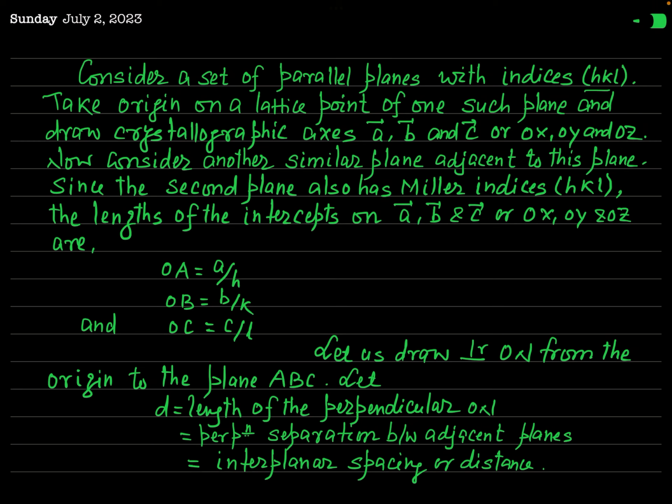Since the second plane also has Miller indices HKL, the lengths of the intercepts on the axes are OA equal to a by h, OB equal to b by k and OC equal to c by l. And as I have told you, we draw a perpendicular ON, and the length of this perpendicular is equal to d, which is called the perpendicular separation between the adjacent planes, or interplanar spacing, distance or separation.